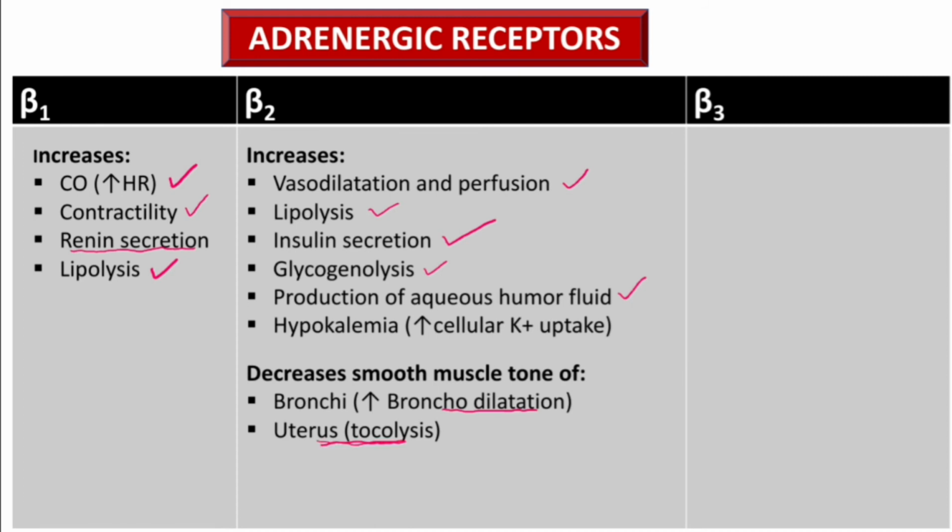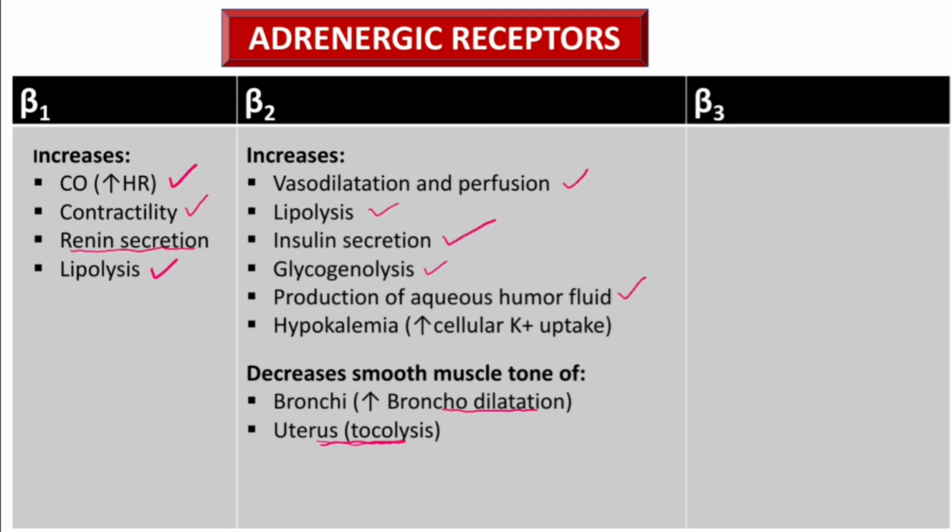You need to remember this: switching of receptors. If a patient is not pregnant, the main receptors found on the uterus are alpha 1. If the patient is pregnant, beta 2. Non-pregnant, alpha 1. Pregnant, beta 2.